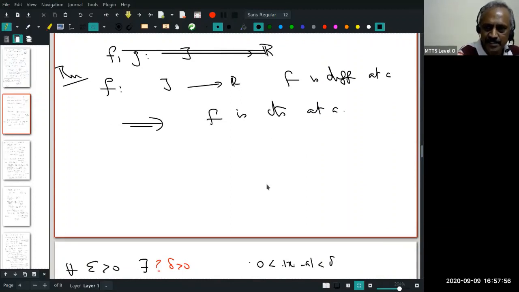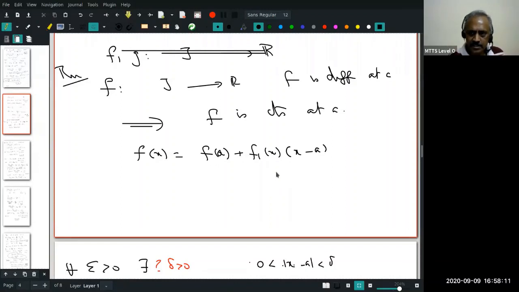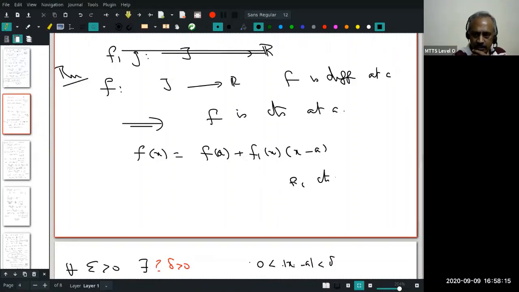How many of you can see that now? Because if f is differentiable at a, I know there is a function so that f x equal to f a plus f1 of x into x minus a. Do you understand this? And what do I know about f1? f1 is continuous at a. Right? Now I want to say f is continuous at a. This is what I want to check.